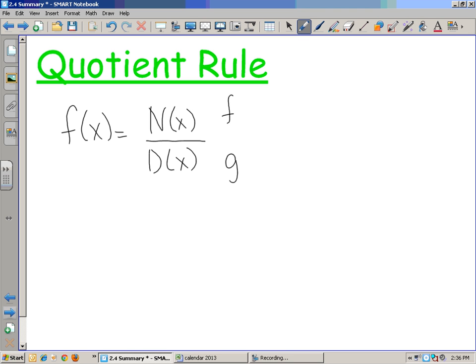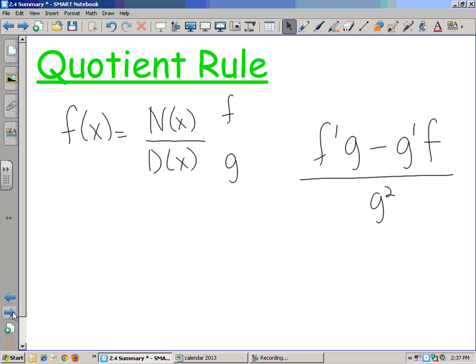I could call it S and T, P and Q. So what you're going to hear me say is derivative of the top times the bottom minus derivative of the bottom times the top all over the bottom squared. Think of g as the ground. So the one on bottom, doesn't matter. We're going to do an example.